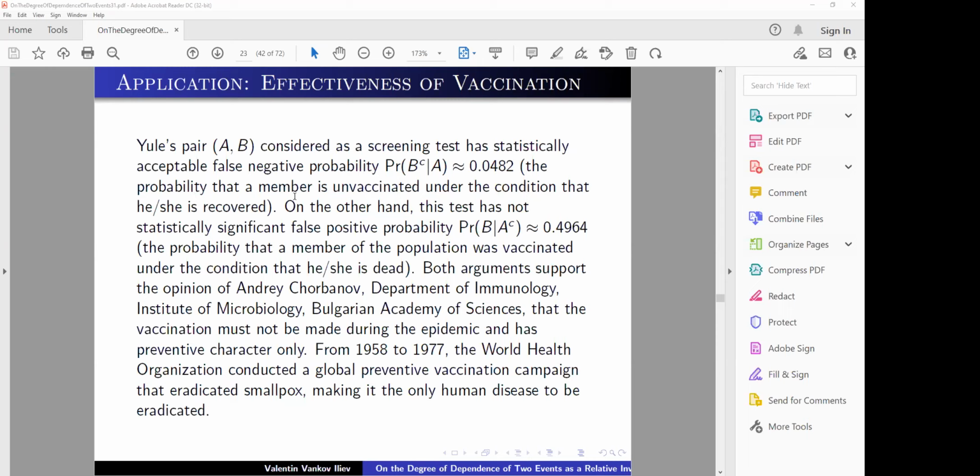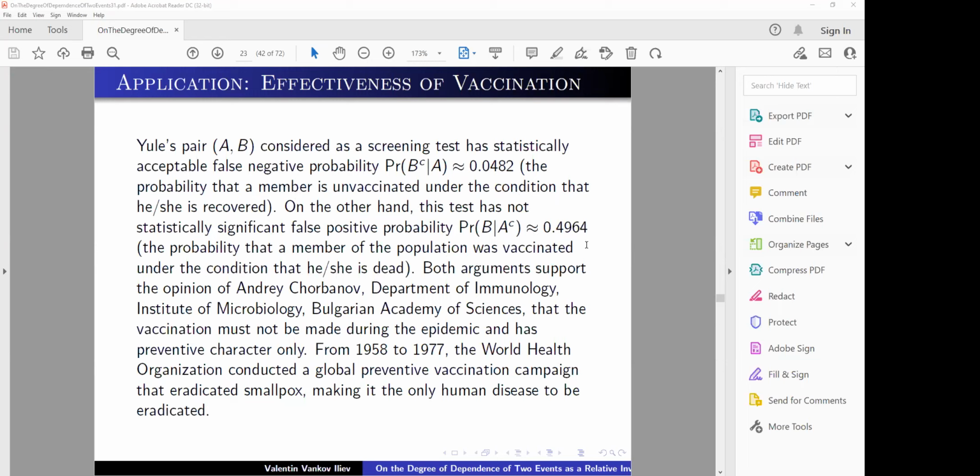But on the other hand, this false positive probability is about 50%. This means that this is the probability that a member of the population was vaccinated under the condition that he or she is dead. This is terrible. So half of the dead are vaccinated.